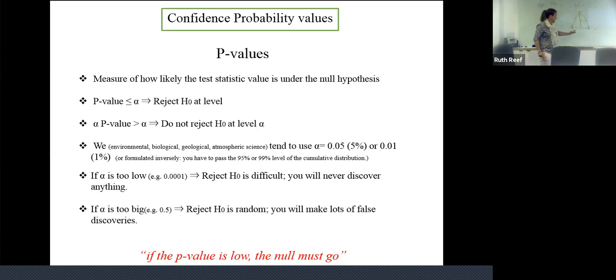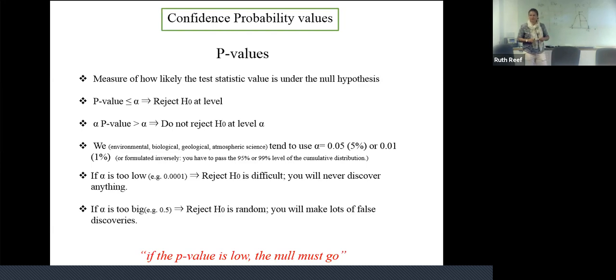So I can define a value. I'm going to call it alpha. I can define a value here that is the p-value below which I'm going to reject this point belonging to this population. Like we said earlier, we're using an alpha of 5%.